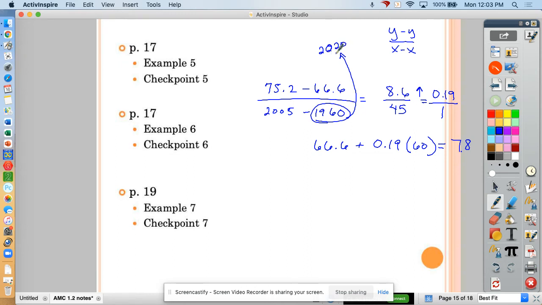Okay, so you guys can pause and then do checkpoint 6 and then come back and look at it. Checkpoint 6 is using the same bar graph, except this time it is for women. So for your A, you should have gotten 0.16, and for your B, you should have gotten 87.5 years old. This is doing the same thing up here. The only thing that's changed is it's for the women.